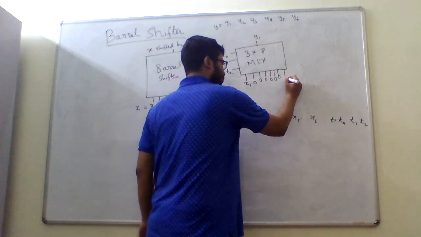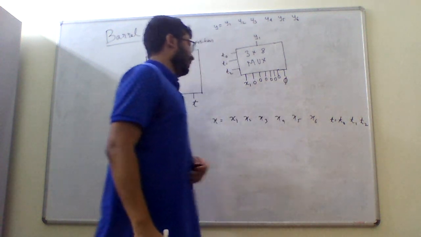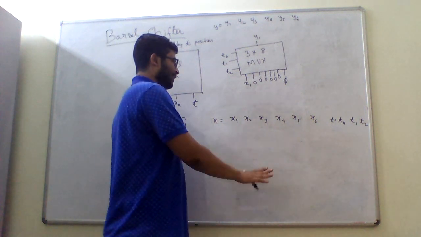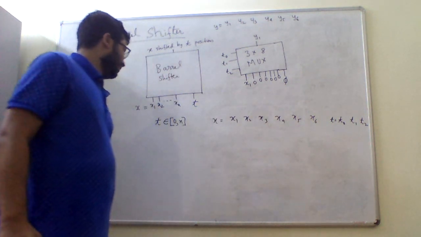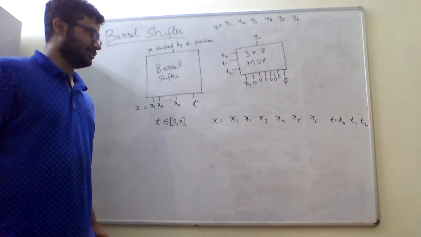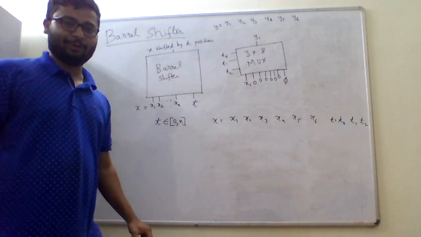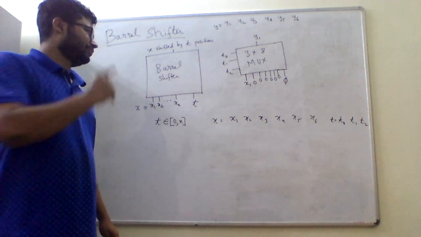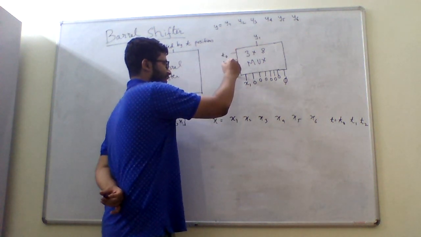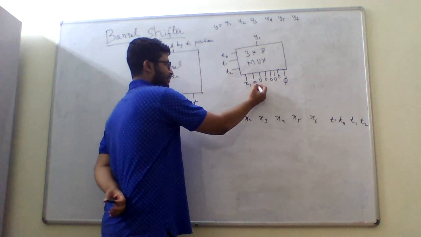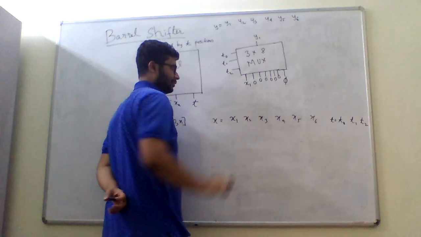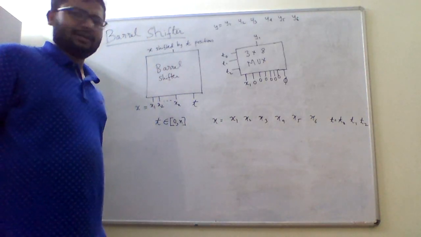So let me put a phi here to indicate that that is irrelevant. We are assuming that t will always be a number between 0 and 6, and t will never be equal to 7. So t0, t1, t2 will never be equal to all ones. So y1 is equal to x1 if t is 0, 0 if t is 1, 0 if t is 2, 0 if t is 3, and so on. And this is the circuit for y1.